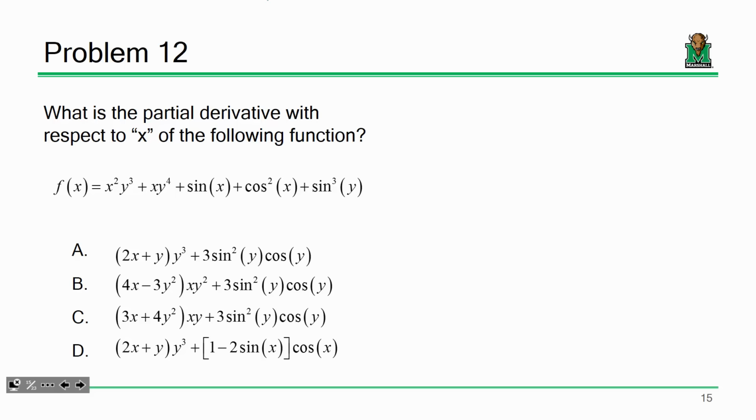What is the partial derivative with respect to x of the following function? Remember, how does this work when you take a partial derivative? X is the variable. Everything else is a constant. So we are taking the derivative of f with respect to x, one term at a time.